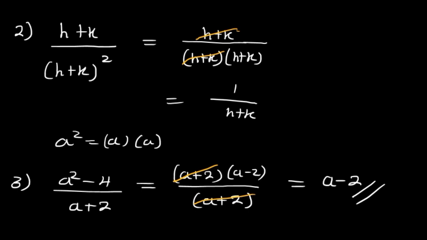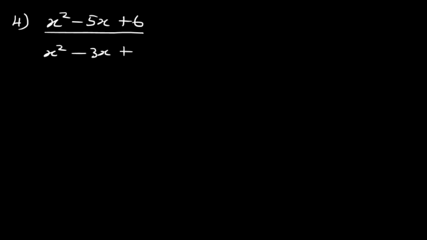Okay, all right, so quickly let's look at the last one for this section. This gives us the fourth one, x squared minus 5x plus 6, divided by x squared minus 3x plus 2. Now, if you look at this expression, both the numerator and the denominator have quadratic expressions.